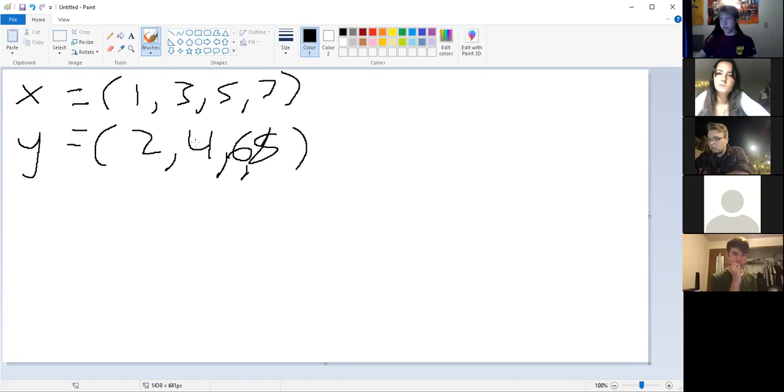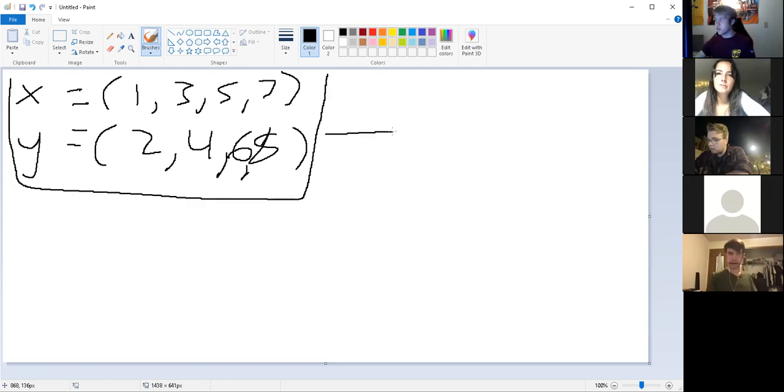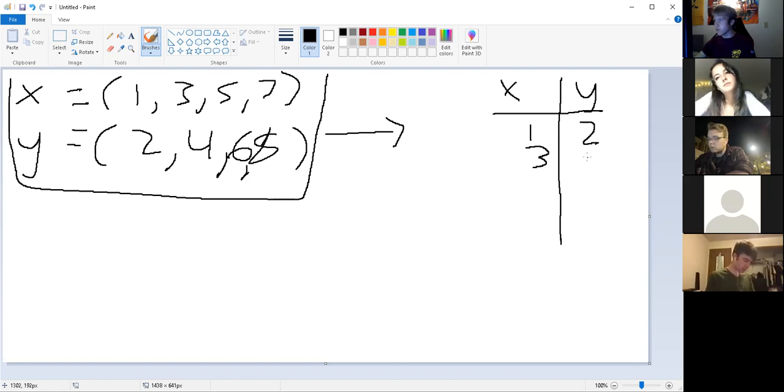These are just my examples. When you see this in your equation, what that means is you have a table, and the first value goes with the first one, second with second, like that.